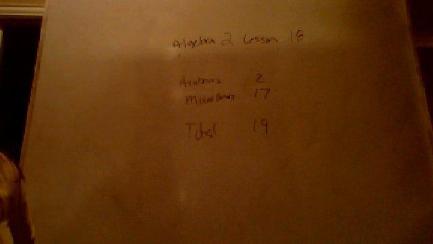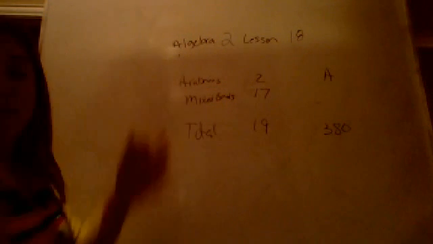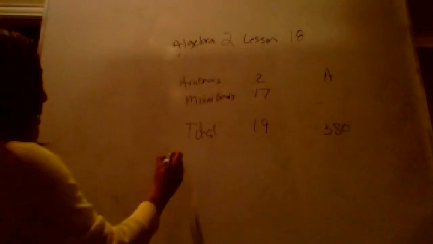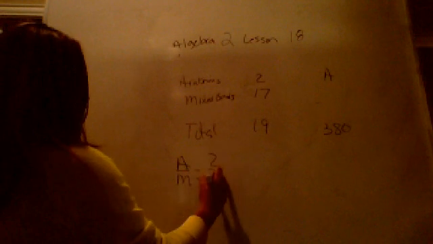We said if there were 380 horses in the herd, so there's 380 horses total, how many were Arabians? We want to know this. So we know Arabians to mixed breeds is 2 to 17. So we can say A to M is equal to 2 to 17.